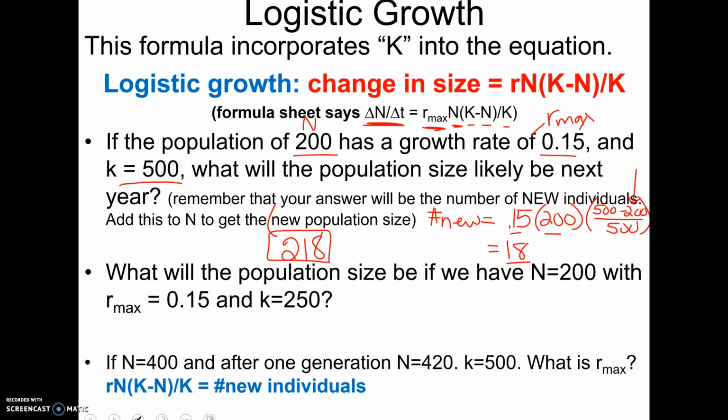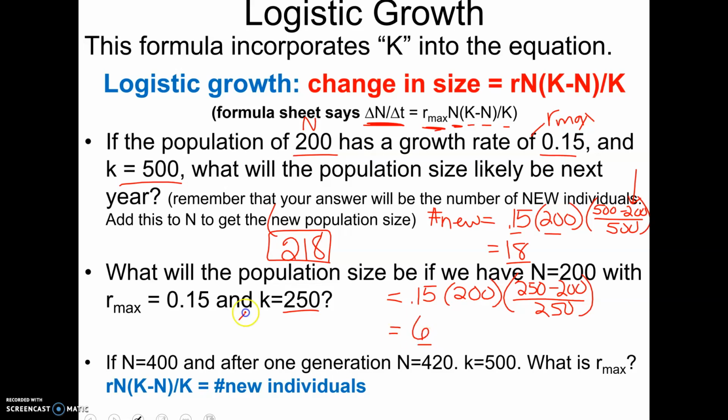Now, watch if we do this, but we change K to 250. So we're going to do the same problem. So we still have 0.15 as our growth rate. We have 200 individuals in the population, but this time K is 250. So 250 minus 200 over 250. This time, when we work this out, the number of new individuals is only approximately 6.